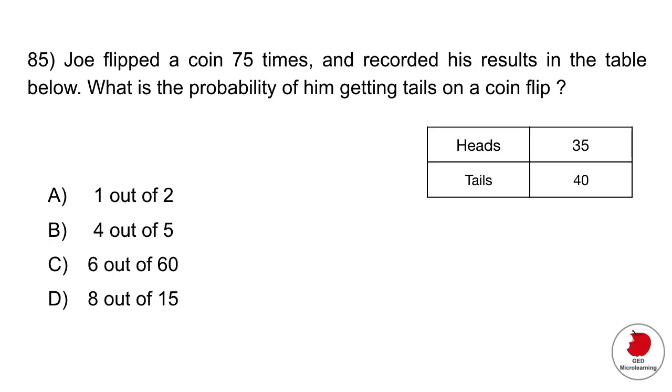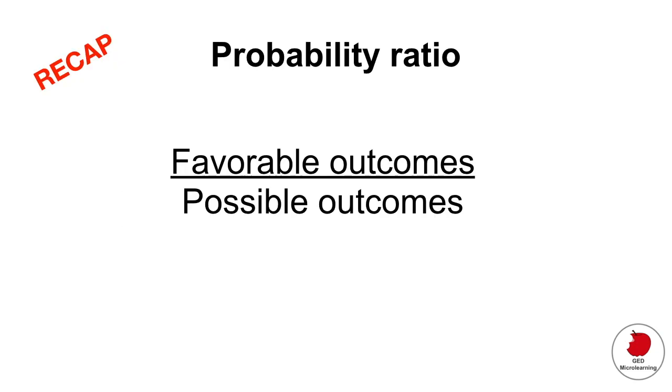Okay, so Joe flipped a coin 75 times and recorded his results in the table below. What is the probability of him getting tails on a coin flip? All right, so here's what you have to remember, this formula for probability ratio, okay, which says that the favorable outcomes divided by the possible outcomes, it's what's going to give you the probability.